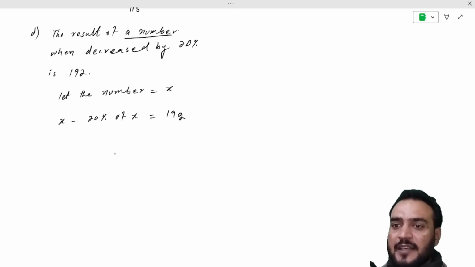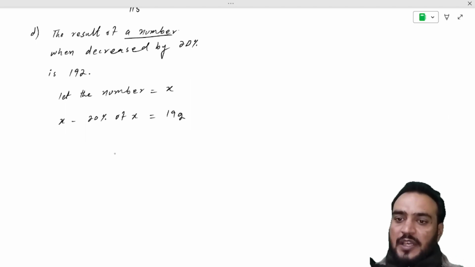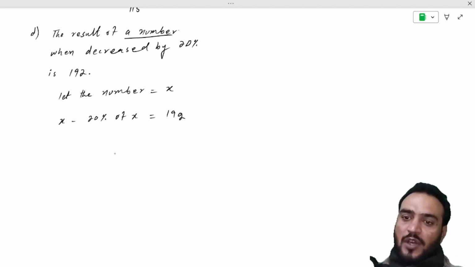So there is a decrease of 20% in 192. So we subtract that amount of depreciation from the original value, which is x. So we now solve this percentage: x minus 20 over 100 times x equals 192.